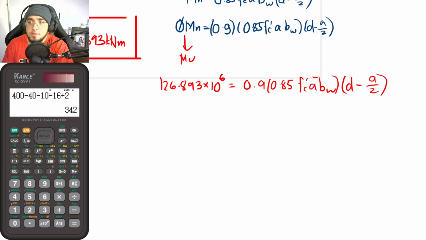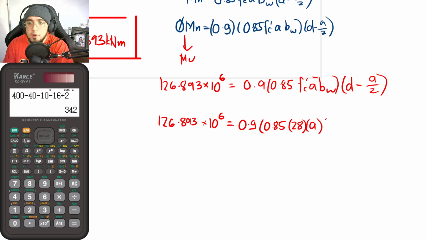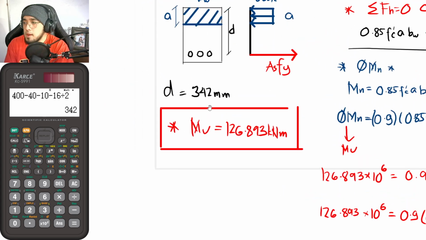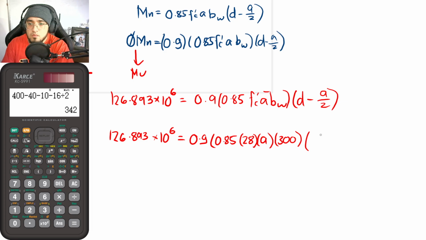Substituting all known values, 126.893 times 10 raised to 6 is equal to 0.9 times 0.85 times f prime c of 28 times a, we do not actually know the value of a, times bw, and our bw is 300 mm, times d, once again the value of d that we will be making use of is 342, minus a over 2.